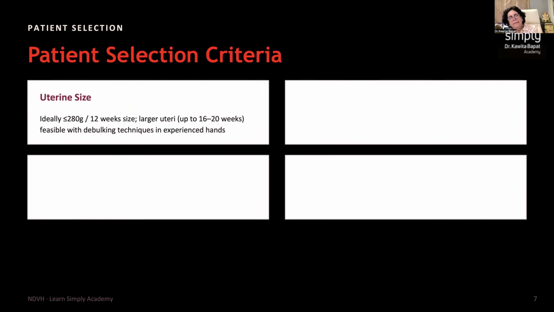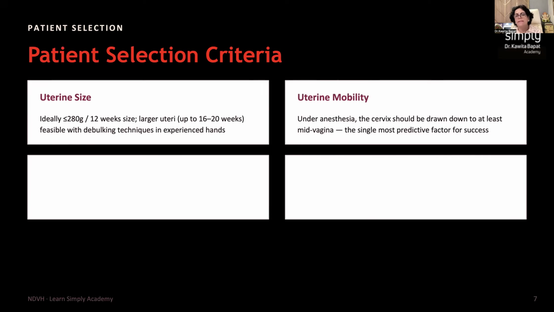So the criteria: size of the uterus, ideally less than 280 grams, 12-week size; up to 60 to 80 grams can be done and is feasible with debulking techniques in experienced hands. Mobility: under anesthesia, the cervix should be drawn at least to mid-vagina, the single most predictive factor for success.